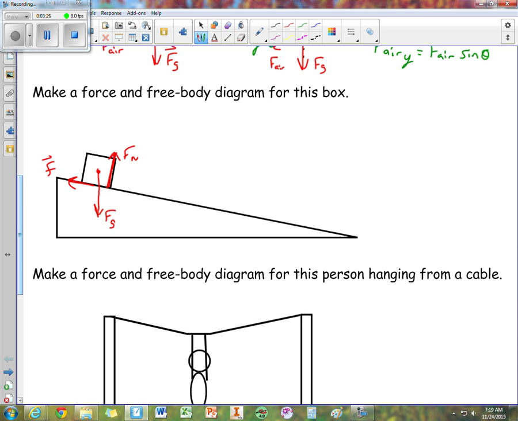I don't know if it's static or kinetic, it doesn't matter at this point, but there would be some friction that opposes sliding. So that's our force diagram. Now for the free body diagram.